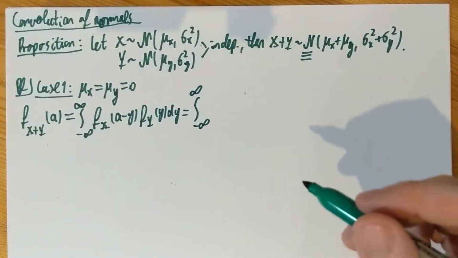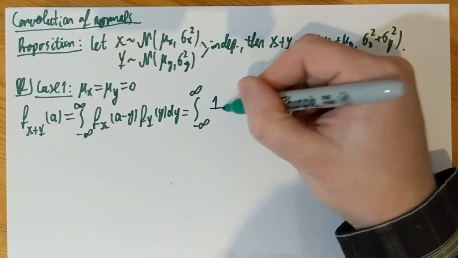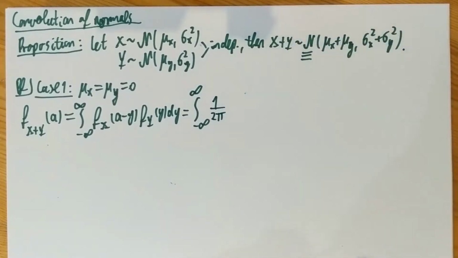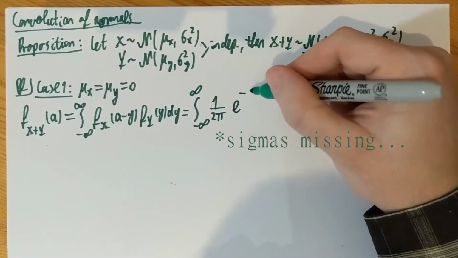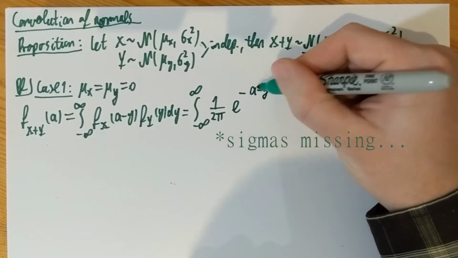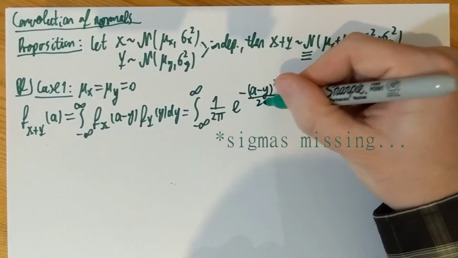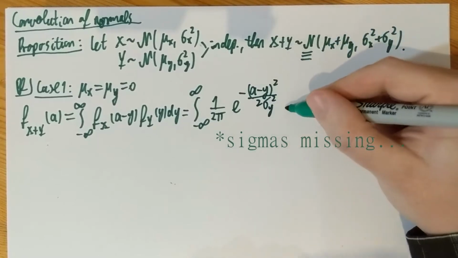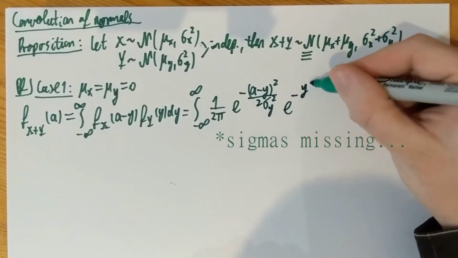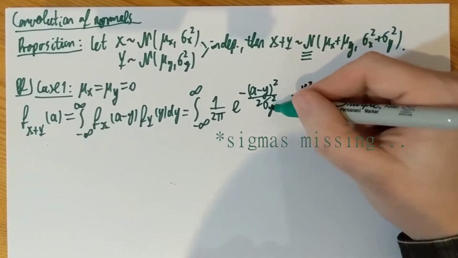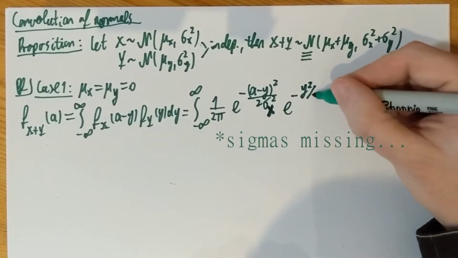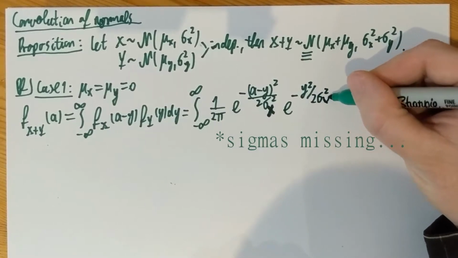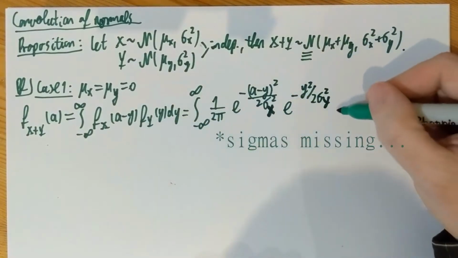So I'm going to have a 1 over root 2 pi sigma x in front of fX, a 1 over root 2 pi sigma y in front of fY, so I factor those out. And I have an exponential of minus a minus y square over 2 sigma x square, and an exponential of minus y square over 2 sigma y square here for fY, dy.